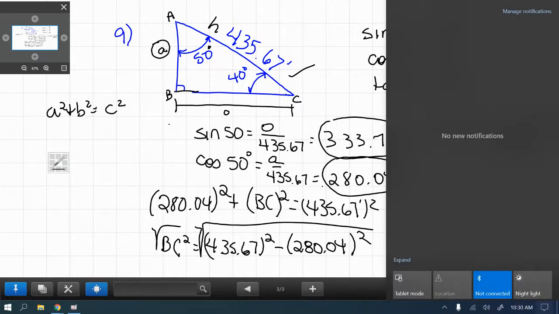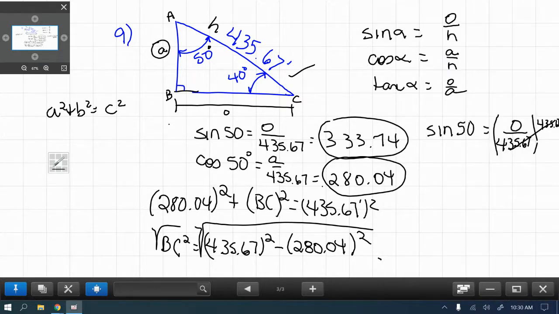So that would cancel. That would cancel. So I'd have to multiply this side times. So it's 435.67 times sine 50.